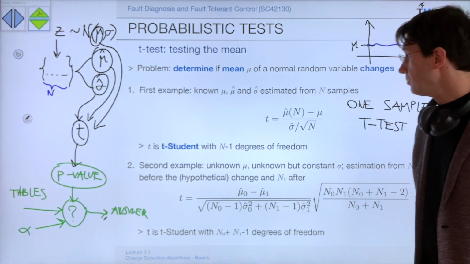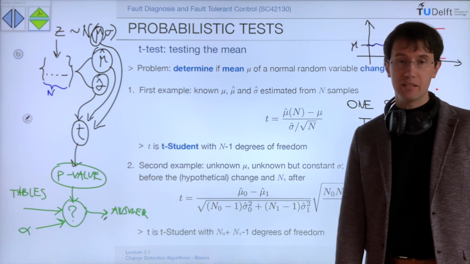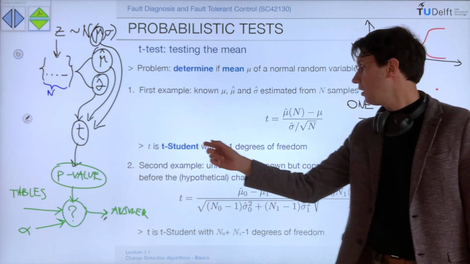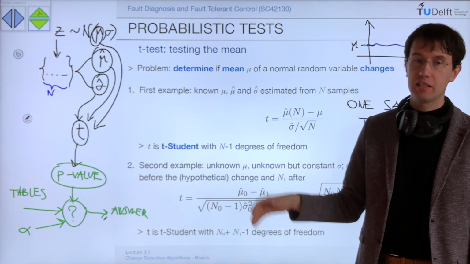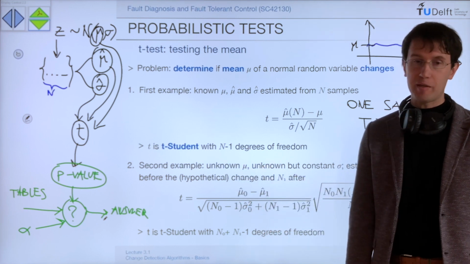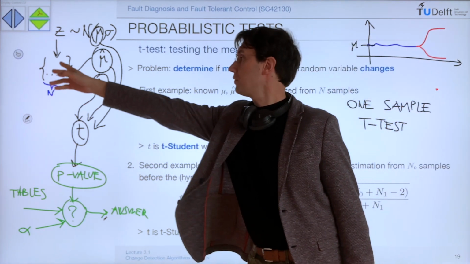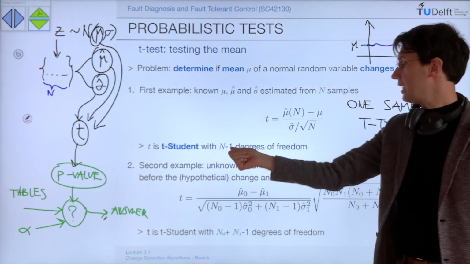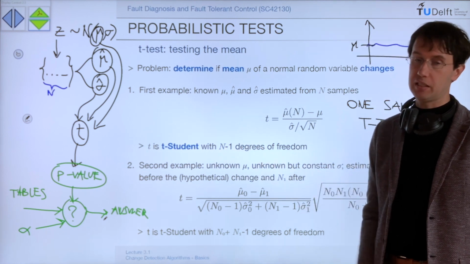So we know that the T variable has a specific distribution that is called the t-student with n-1 degrees of freedom. So there are different t-student distributions. It is a whole family, and every member of the family is parameterized by the number of samples that you used to compute it. So if you use n samples, then the T variable you get is distributed with n-1 degrees of freedom.